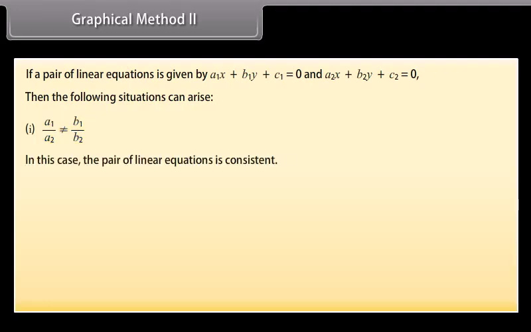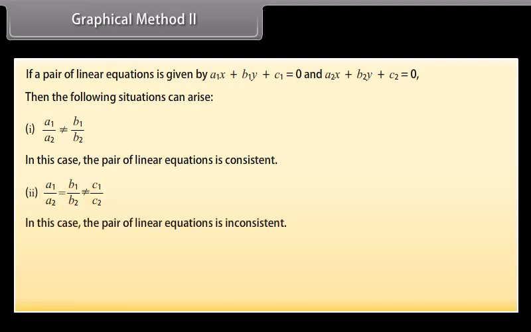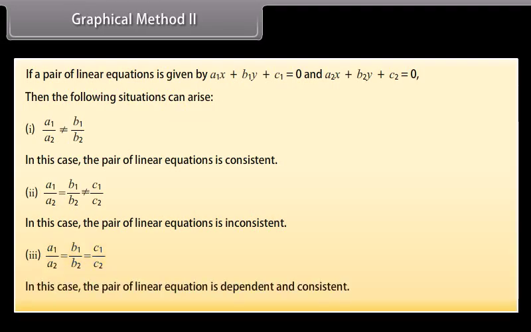In this case, the pair of linear equations is consistent. 2. a1 upon a2 equals b1 upon b2 is not equal to c1 upon c2. In this case, the pair is inconsistent. 3. a1 upon a2 equals b1 upon b2 equals c1 upon c2. In this case, the pair is dependent and consistent.